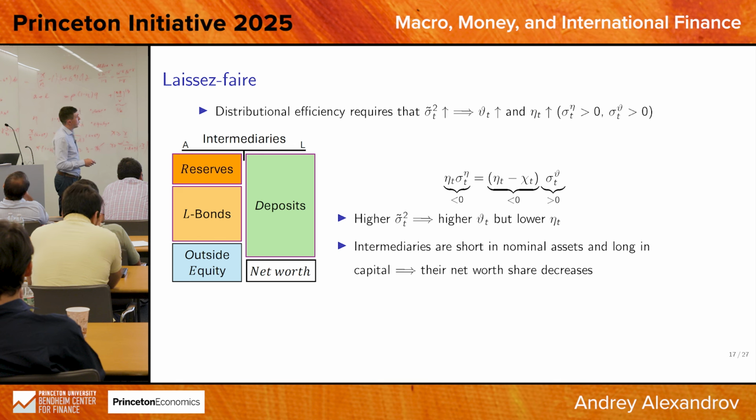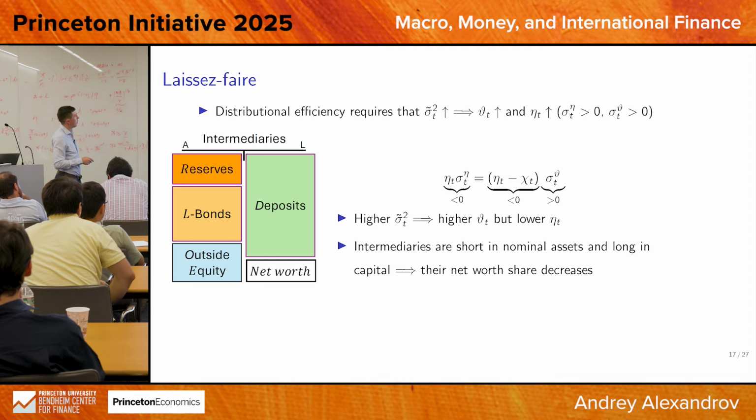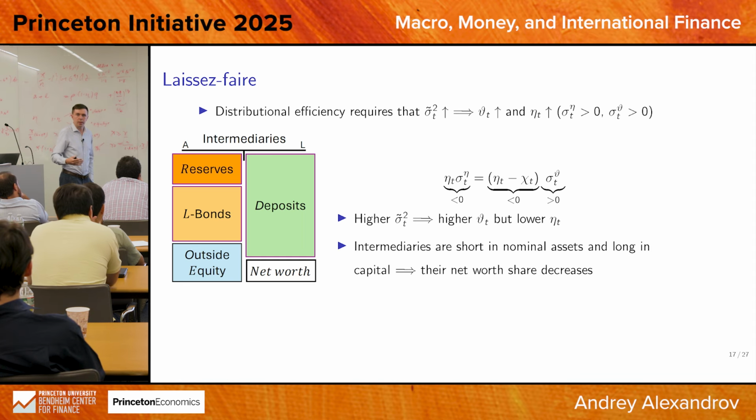However, the problem comes with the fact that intermediaries, in competitive equilibrium and under the planner, under the efficient allocation too, are levered. So that means that they are more exposed to nominal assets on the liability side. They're short in nominal assets, and they're long in these risky real assets, in these risky claims. So whenever there's flight to safety and nominal assets appreciate in value, because intermediaries are levered, they're going to take a hit.